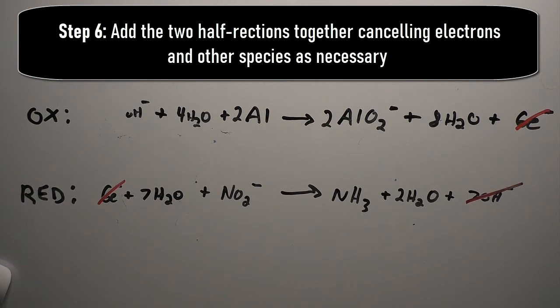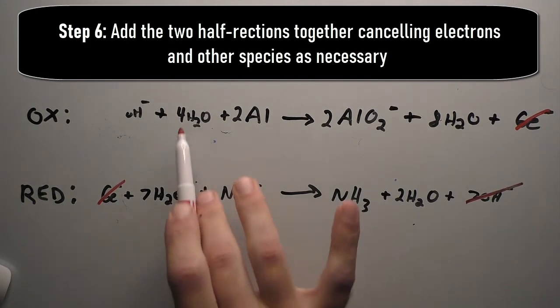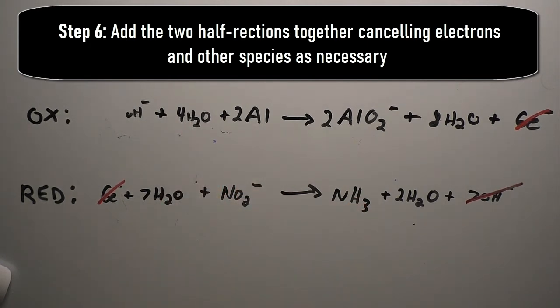And then if we look at the waters, there's a couple ways to do this, but if you add up the total amount of waters, because we have water on both sides of both reactions, right? So we have 4 waters over here and 8 over there, 7 over here and 2 over there. So if we add the waters together on the left, that's a total of 11 waters, right? 4 plus 7 is 11 waters. I'll just write that in real quick down here. 11 waters.